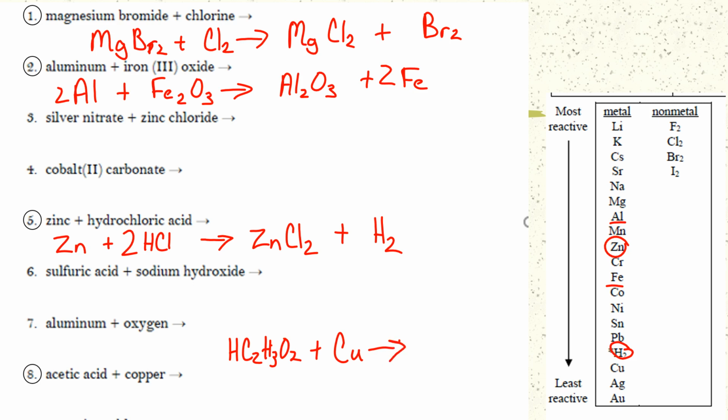Will this reaction occur? In this one, I'm comparing, and I'm just drawing the box for clarity. I'm comparing copper with hydrogen. Copper is below hydrogen, so we would say no reaction.